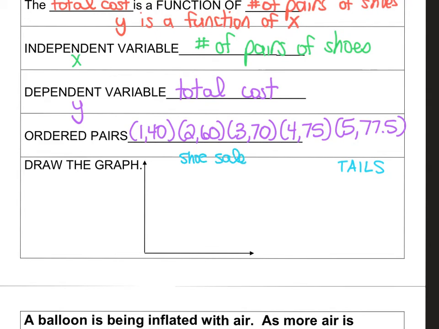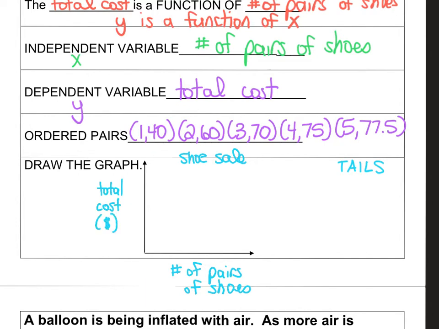And then I'm going to label my x-axis for what it is, and it is the number of pairs of shoes. And then my y-axis is my total cost, and that would be in dollars. So I'll just write that in parentheses.